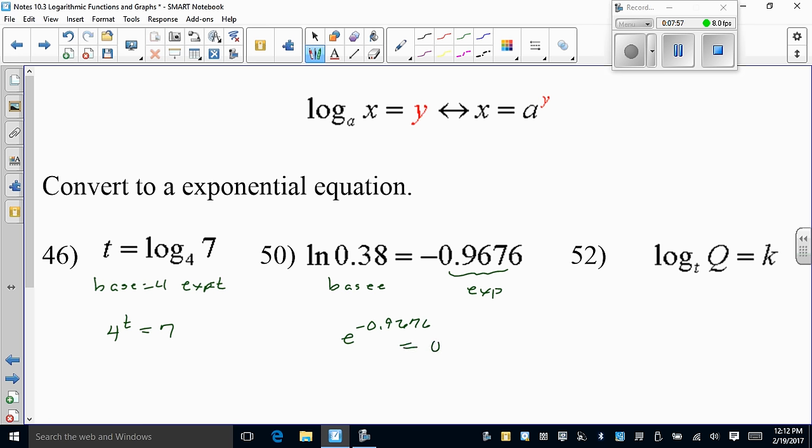Again, base equals t. This is my exponent. So t to the k power equals q. Okay, you've got to be able to go back and forth on these.